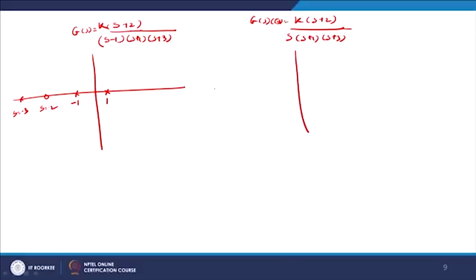So here when we show the poles and zeros, we have one pole at s equals to 0, another pole at s equals to minus 1, and another pole at s equals to minus 3, and we have a zero at s equals to minus 2. So there are 3 poles and 1 zero, and this is for G(s), which is an unstable plant.